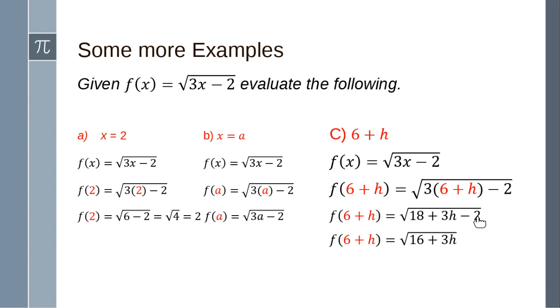So 18 minus 2 is going to give me the 16. So the output when my input was 6 plus h, again, we're going to leave it like this because we cannot simplify it any further. We have the square root of 16 plus 3h. Yes? All right. Any questions?